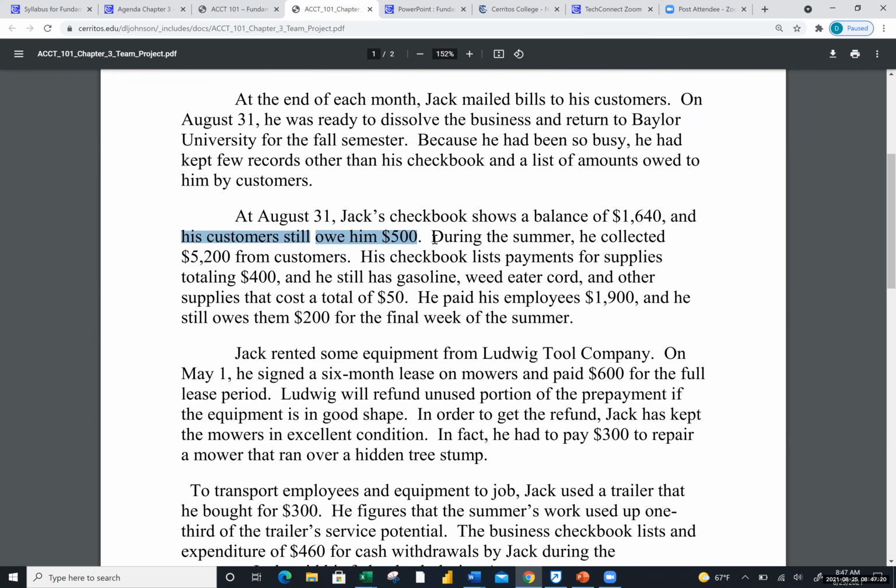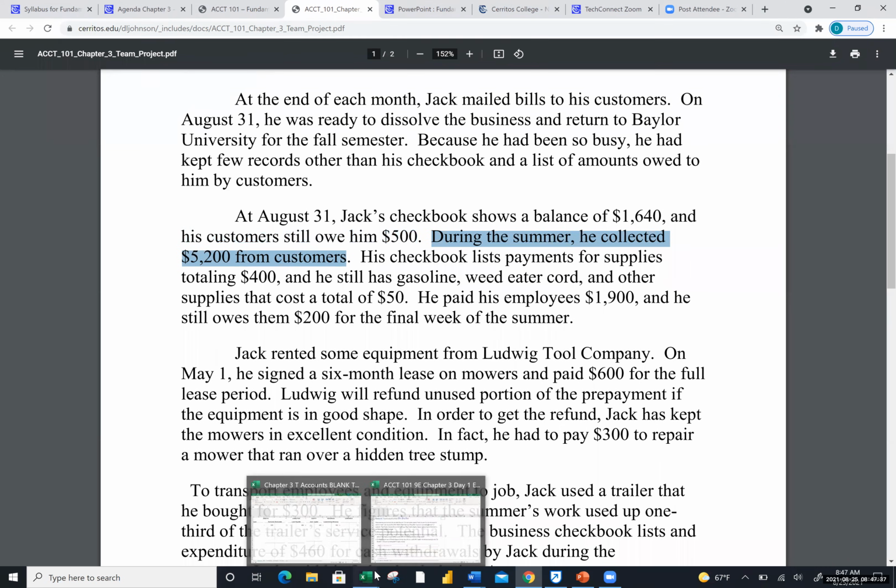The next one, during the summer, he collected $5,200 from customers. So most of his customers probably gave him cash when he walked up to the door and said, okay, I completed your lawn mowing. So during the summer, he collected $5,200 from customers.